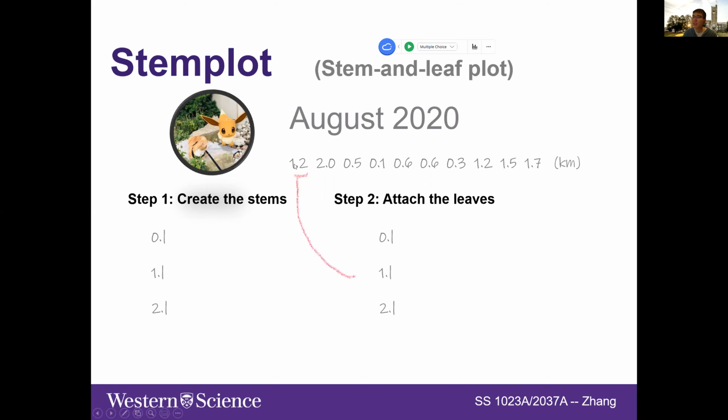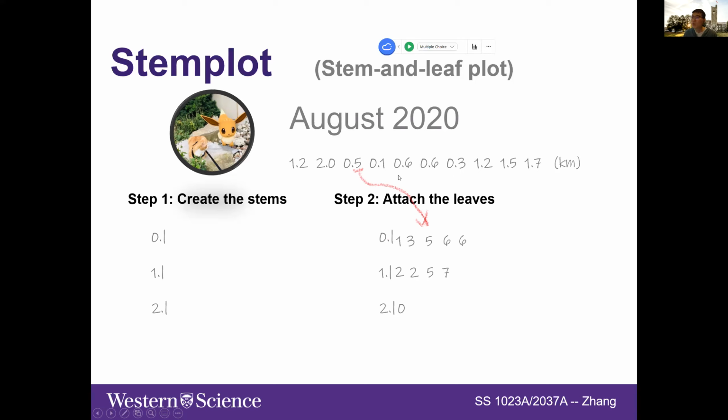So 1.2 is attached to the stem of 1, and we put it into the stem of 1. Similarly for 2.0, because it is attached to the stem of 2, we put this 0 in the group of 2 dot. And similarly for 0.5, we put it here because it belongs to the group of 0.